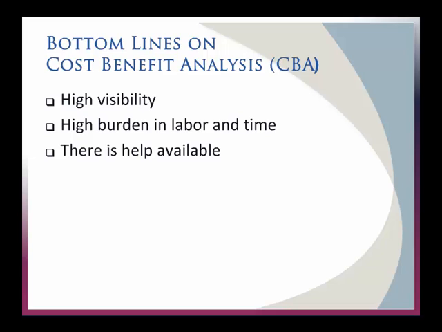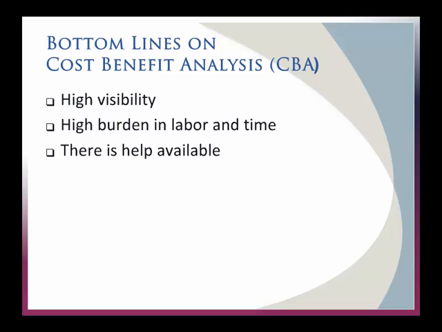So just wrapping up, some bottom lines on cost-benefit analysis. This really does have high visibility for very obvious reasons. There's a high burden on labor and time. Ask anybody where most of their money goes, even on a major weapon system acquisition, it's people. People is typically going to be the most important and costly thing.